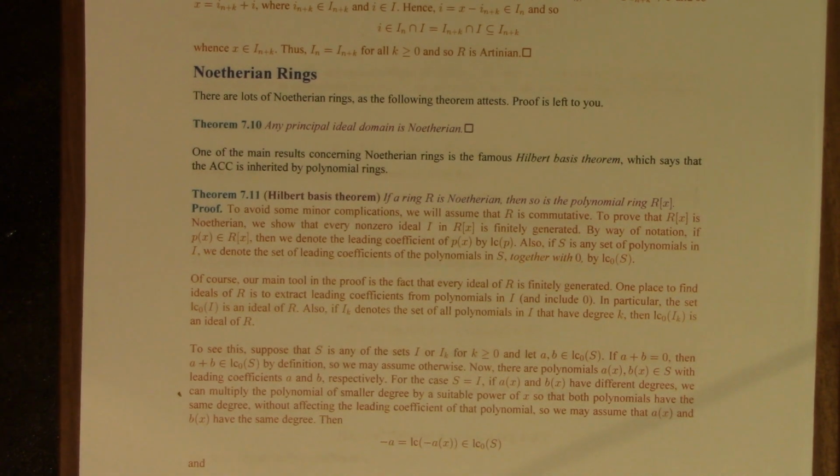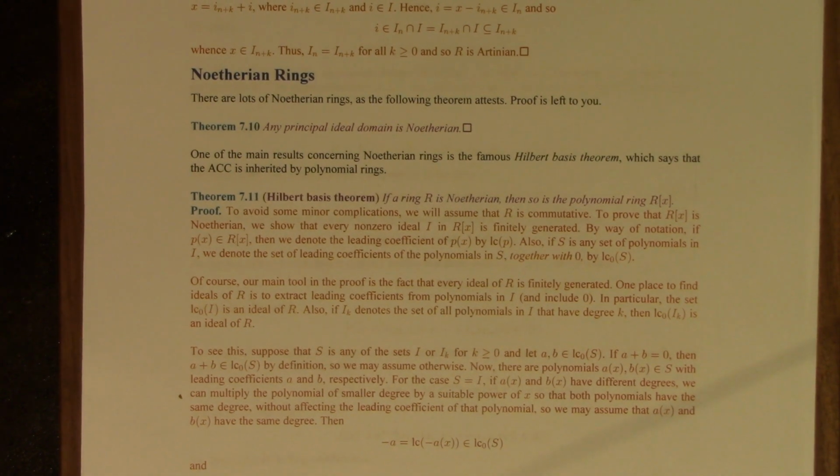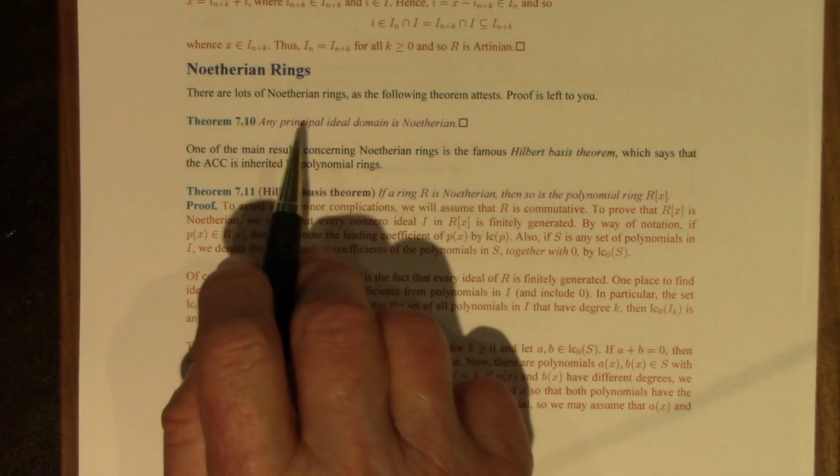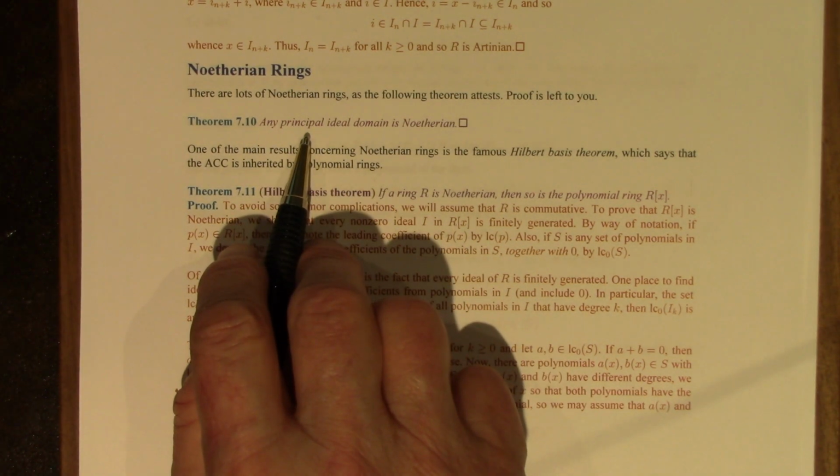Now let's take a look at Noetherian rings and then Artinian rings separately. There are lots of Noetherian rings. And I'm going to leave proof of this theorem to you. Any principal ideal domain is Noetherian, has the ascending chain condition.